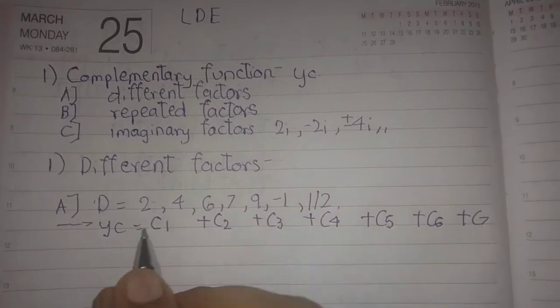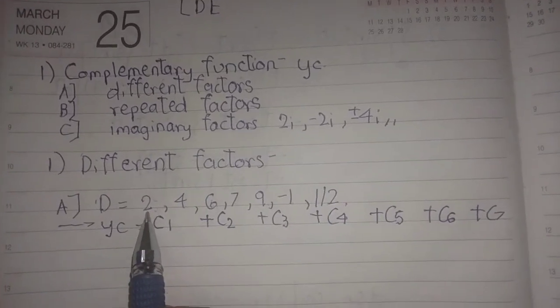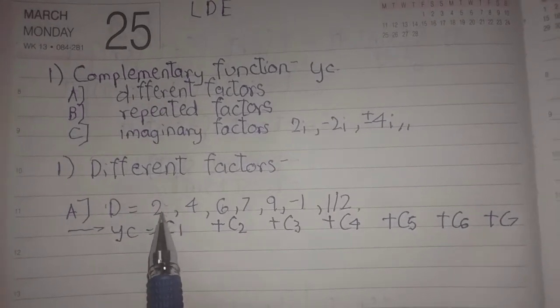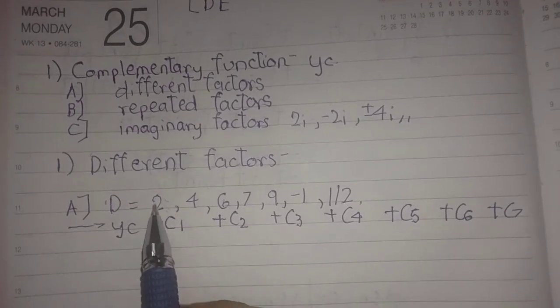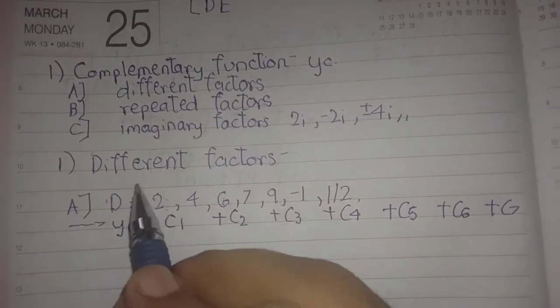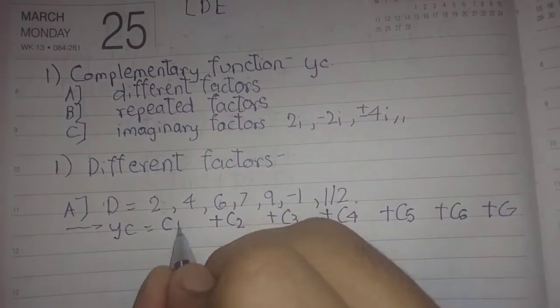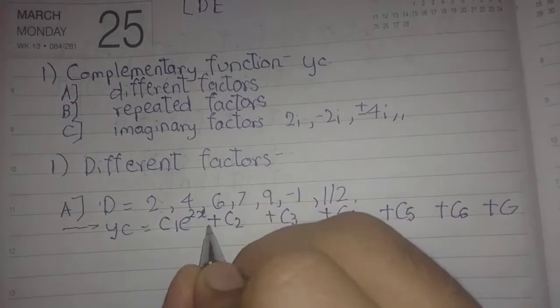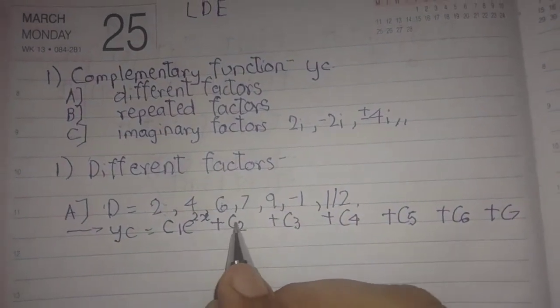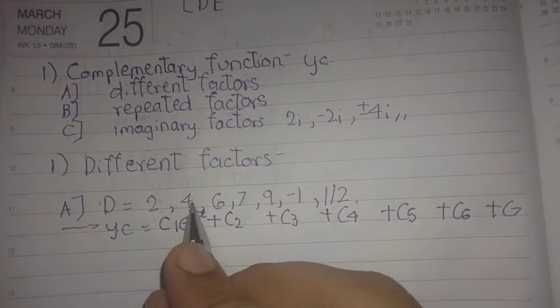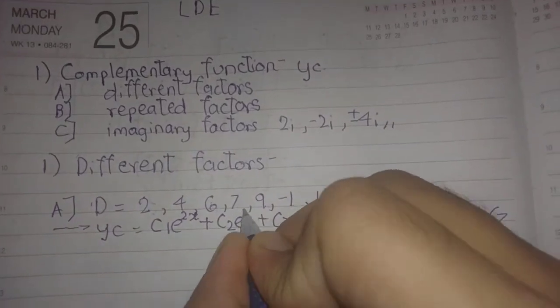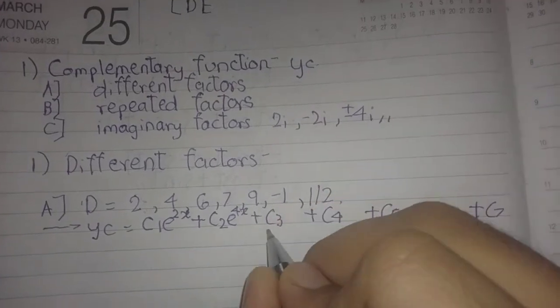And here C1 basically indicates the first term. Now, what is the first number in the sequence of numbers? The first number is 2, so we write e raised to the power 2x. Now C2 indicates the second term, and the second number here is 4. So we are going to write e raised to 4x.